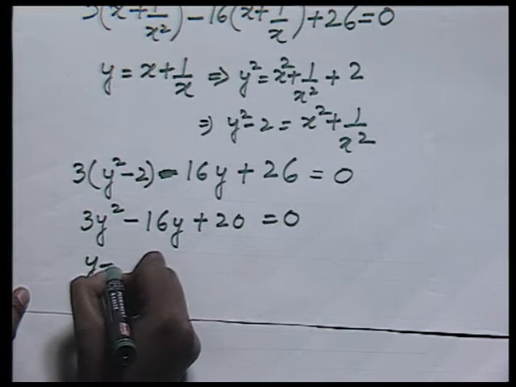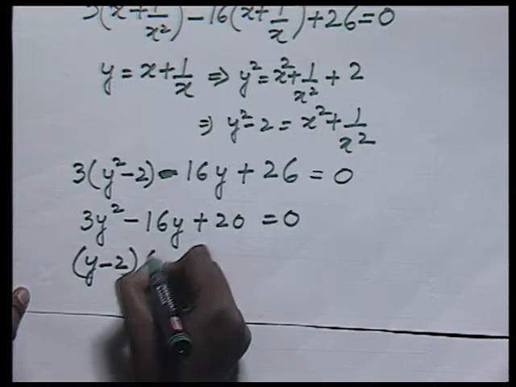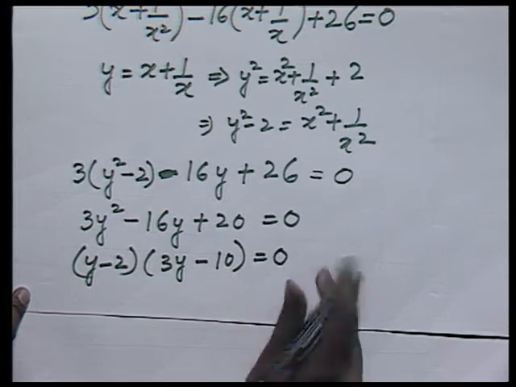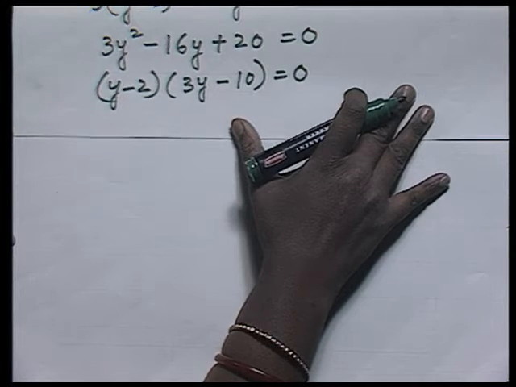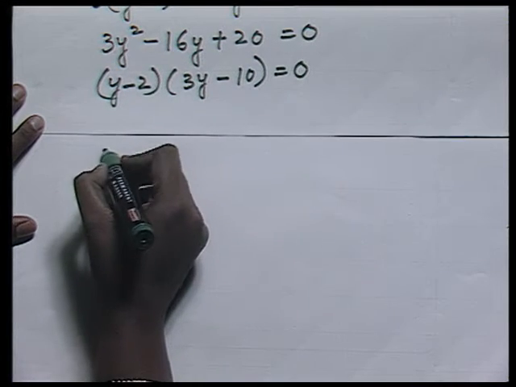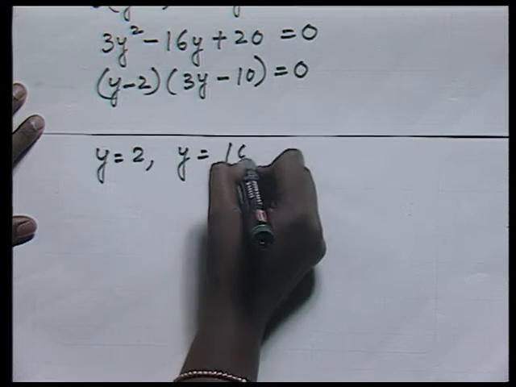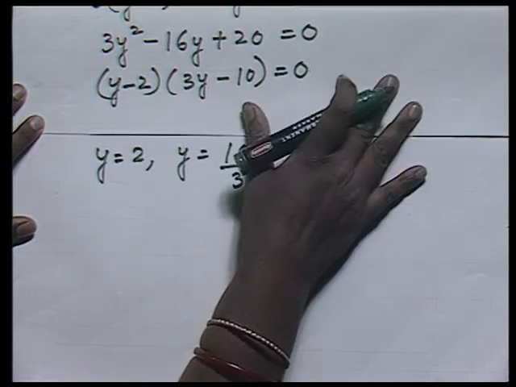Can you tell what will be the factors of this equation? Yes, the factors of this equation will be y minus 2 into 3y minus 10 equal to 0, and hence we get two values of y, that is y is equal to 2 and y is equal to 10 by 3. But we want the value of x because the equation given to us was in x.